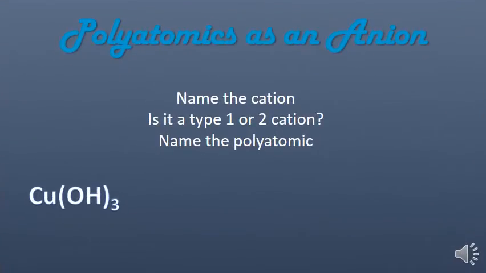Let's do another one because that one was kind of fun. So first off, you have to name the cation. The cation in this case is copper. Now, you have to ask yourself, is it a type 1 or type 2 cation? Well, this is definitely a type 2. So if you recall, type 2 means find the charge. I cut it in half, the cation versus the anion.